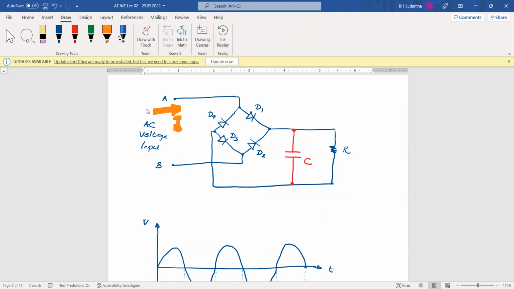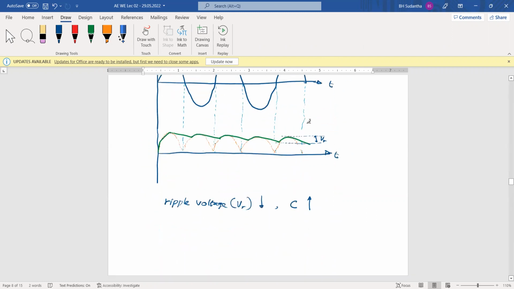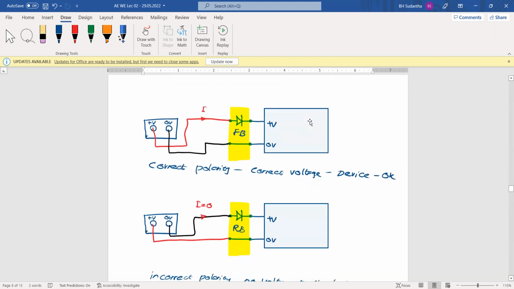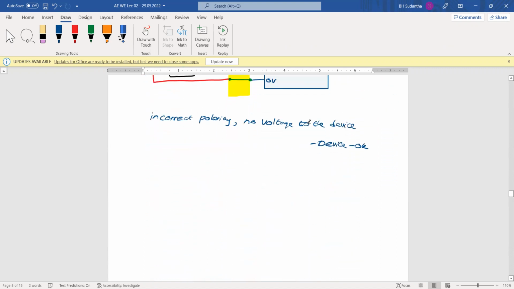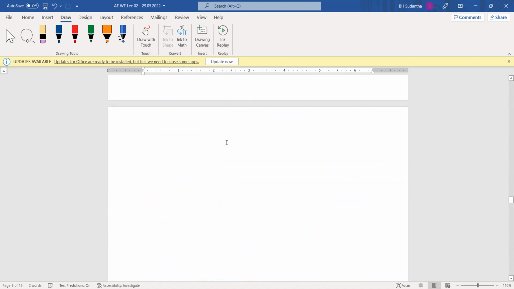Because of that, we cannot increase the capacitance much more here. At the end we also discussed this protection circuit. That's what we have discussed so far.